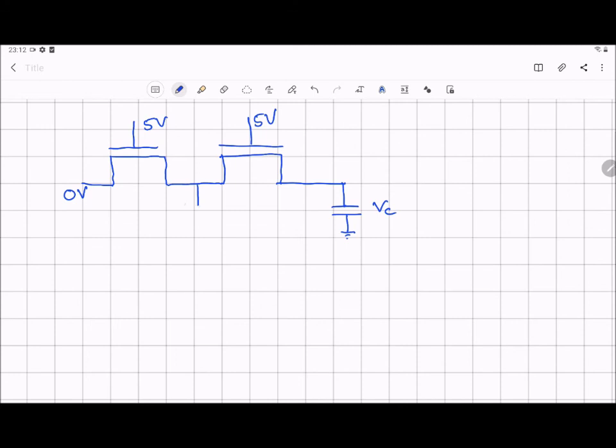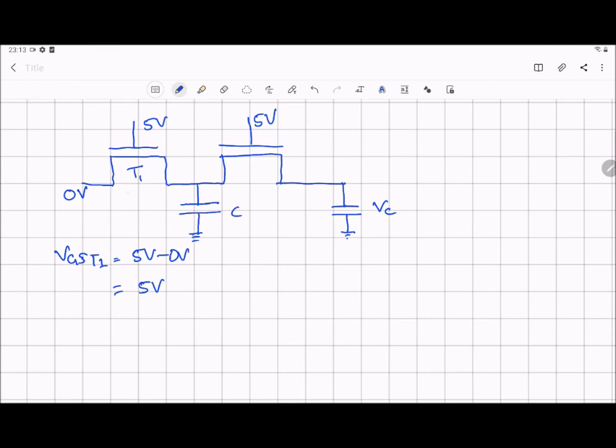So again, between the two transistors we will have a virtual capacitor, let us call C. So here the VGS of the transistor T1, VGS T1 is equal to 5 volt minus 0 volt is equal to 5 volt.